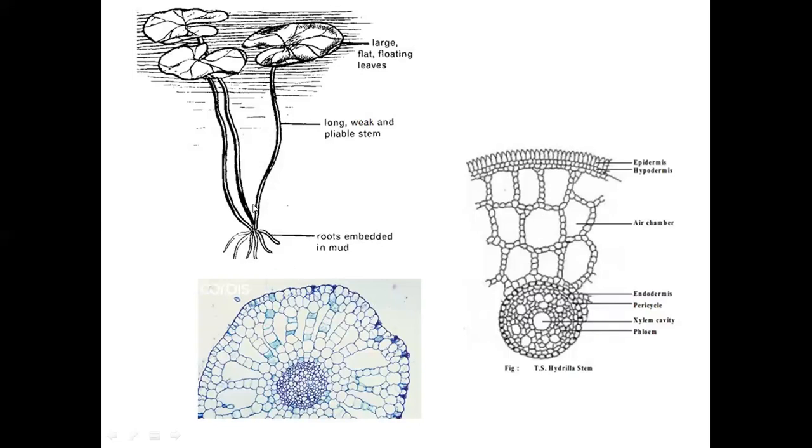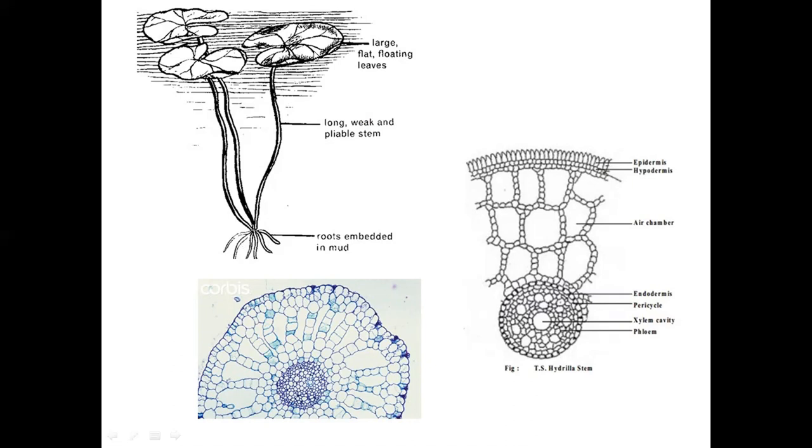You see, in case of the Nymphaea, the roots are embedded in the mud, but they are poorly developed. Adventitious root system and poorly developed root system is seen here, and a long, weak, and pliable stem is observed here.